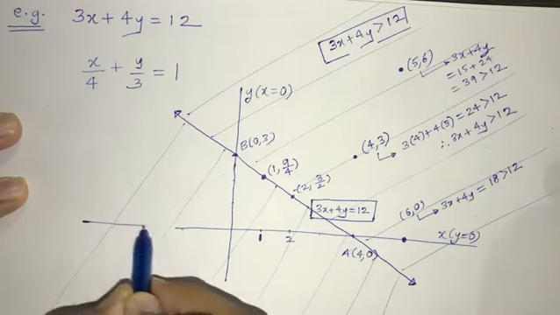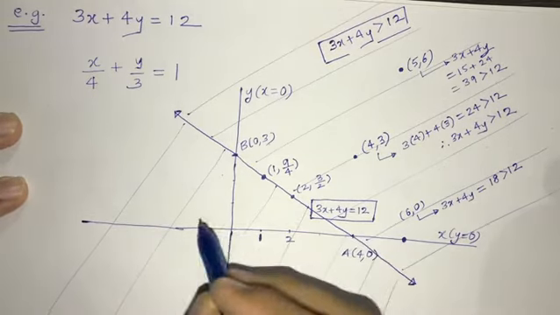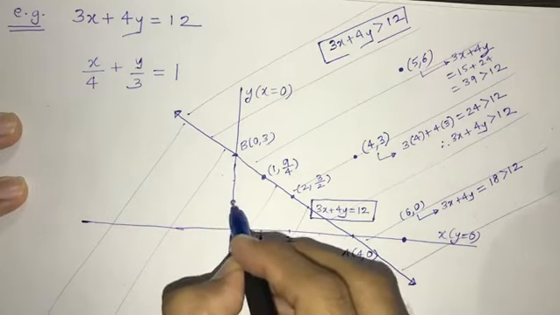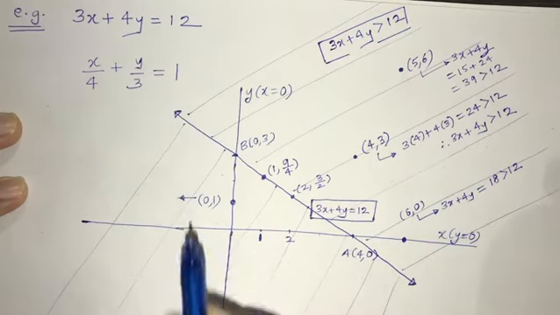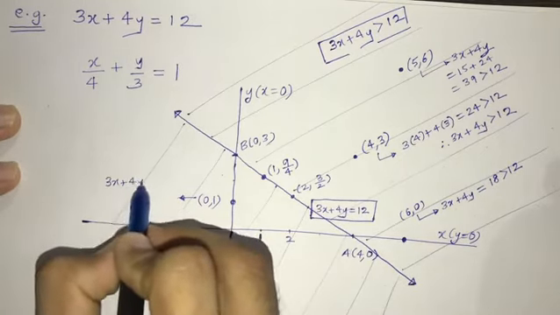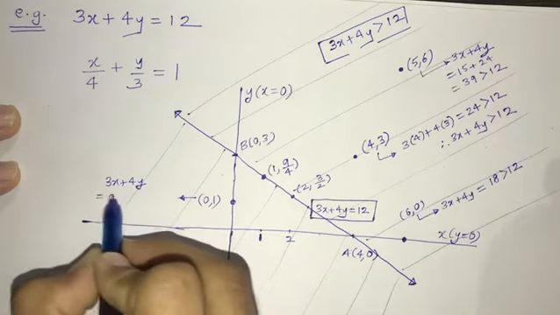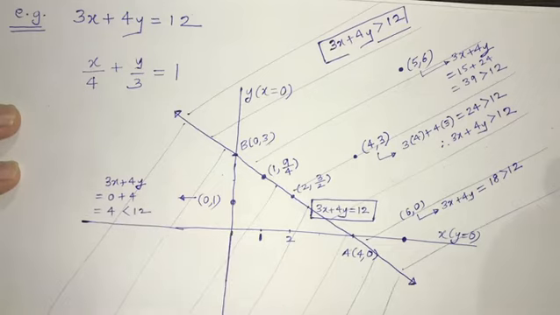So let us take examples on this side. Let me take a point first on the y-axis. Let us take the point (0, 1). For (0, 1), if you calculate 3x plus 4y, you are going to get 0 plus 4, which is 4, and that is less than 12.